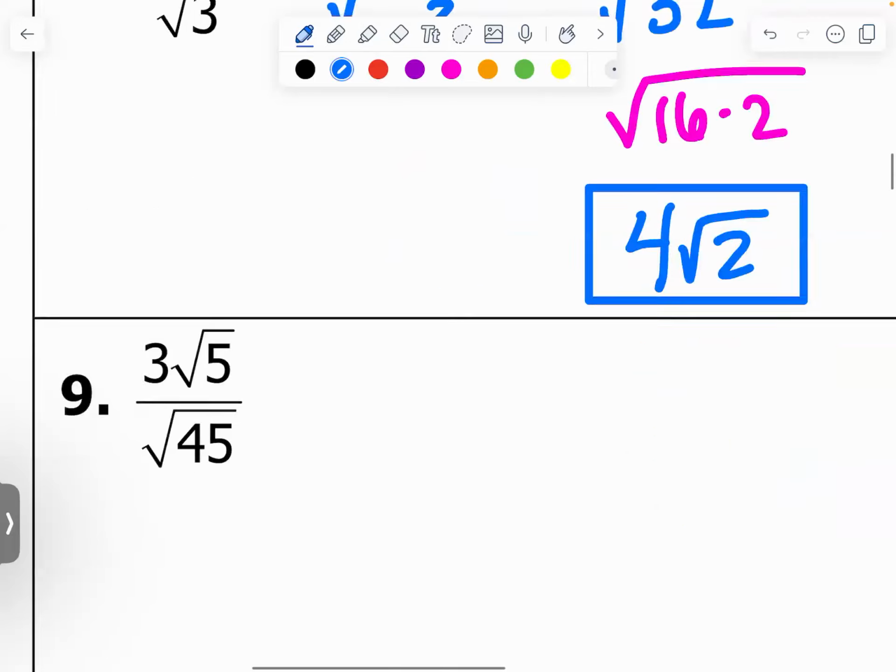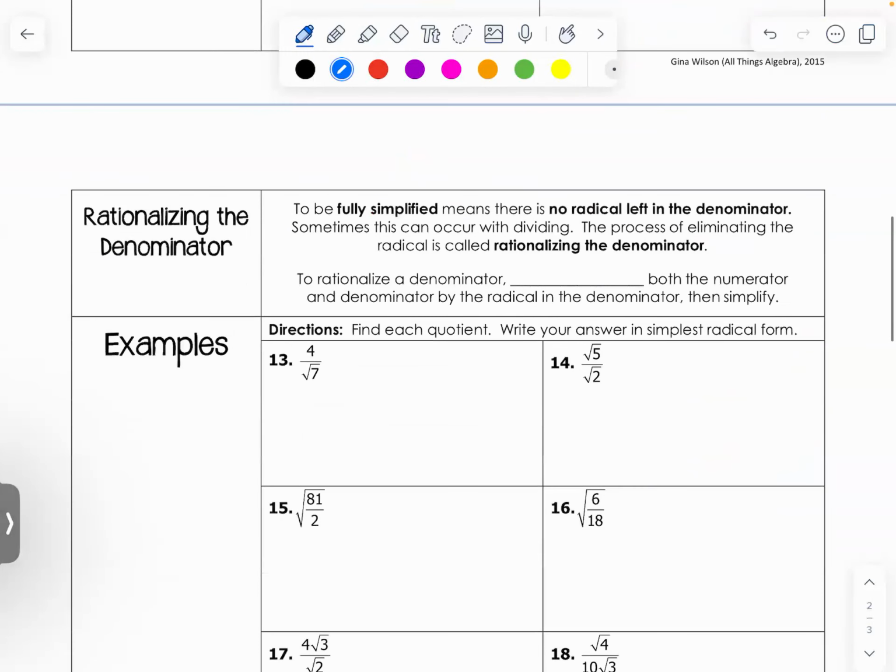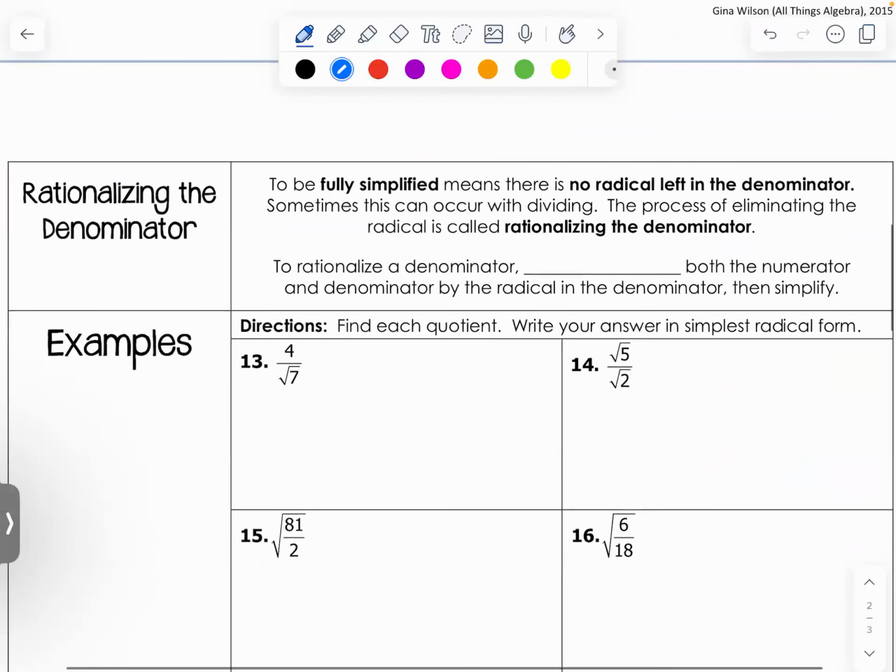Okay, so I want you to flip to the next page. Wait, you're not allowed to leave a radical in the denominator? Do you see this? 4 over radical 7. This is not simplified. To be fully simplified, we have no radical left in the denominator. None.